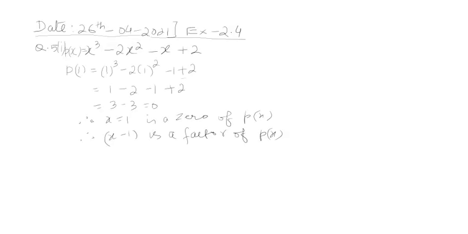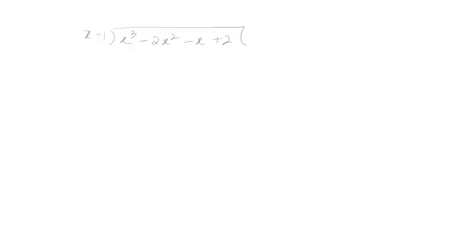So now I'm going to divide. x minus 1 is what I will divide by, and the polynomial which I will divide is x cube minus 2x square minus x plus 2. This is the given polynomial and x minus 1 is a factor, so I'm going to divide this. All of you know how to divide two polynomials.